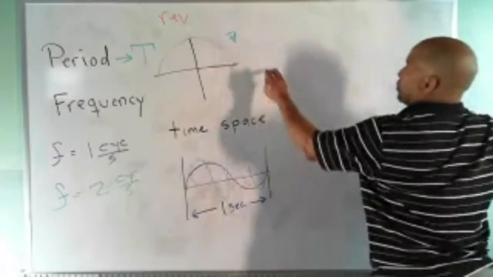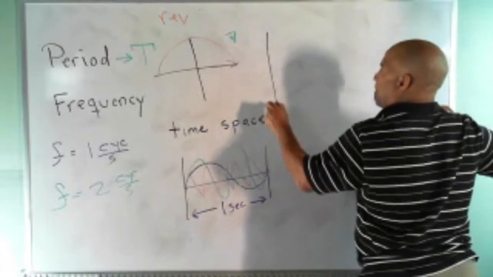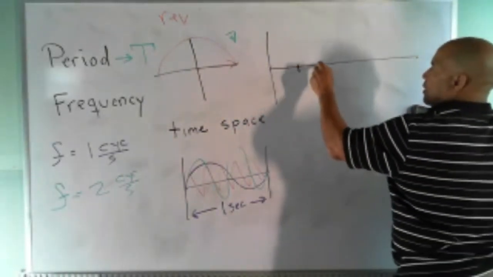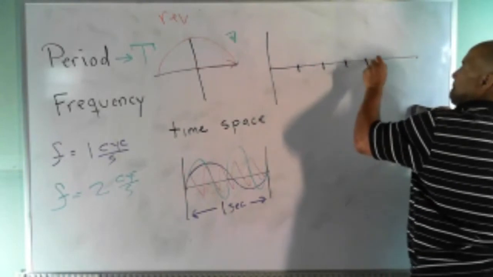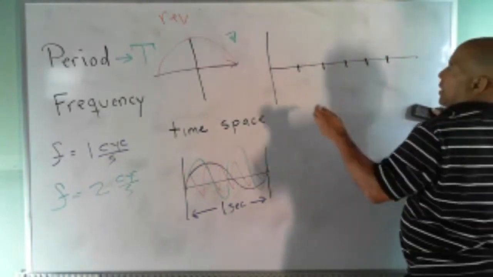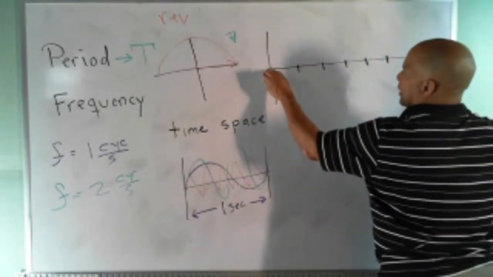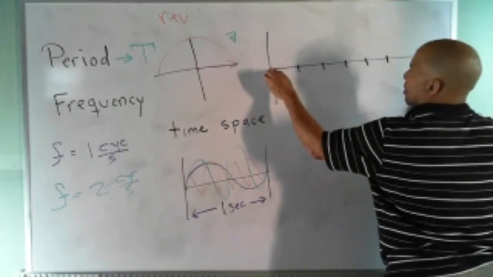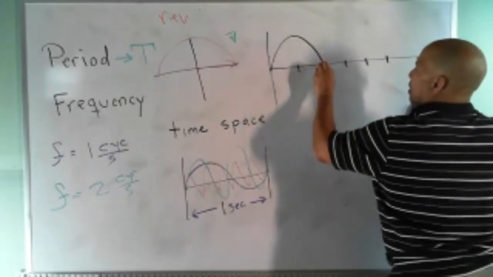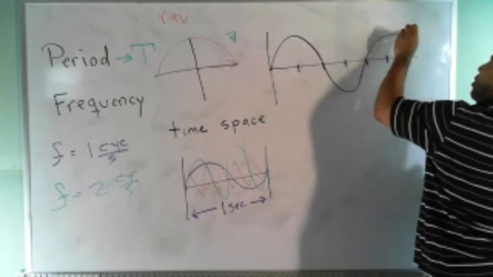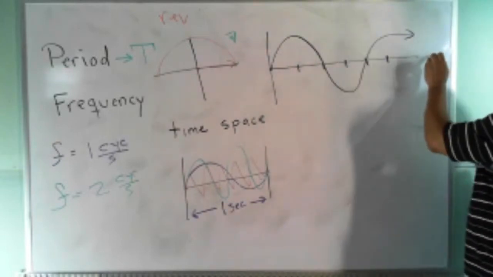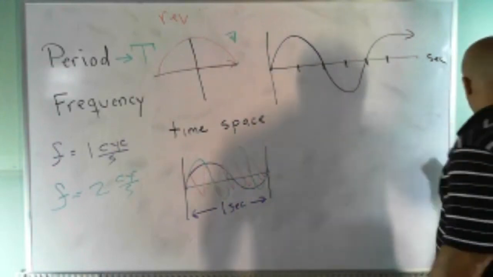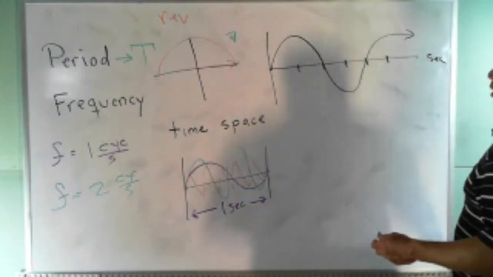So I've got this waveform, and I give you some times here. And I draw a waveform like this. And it keeps going. And I tell you that these are seconds, right? Or it could be milliseconds, it could be whatever.